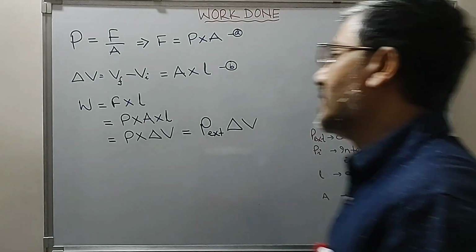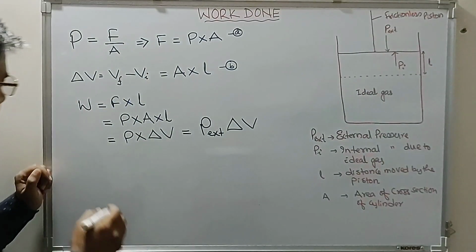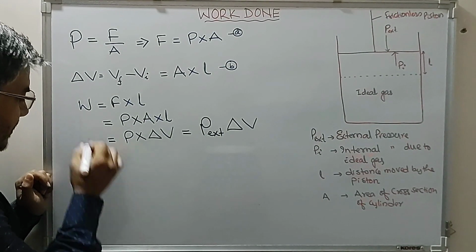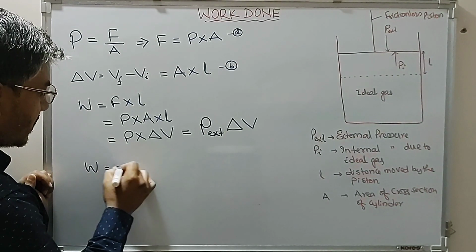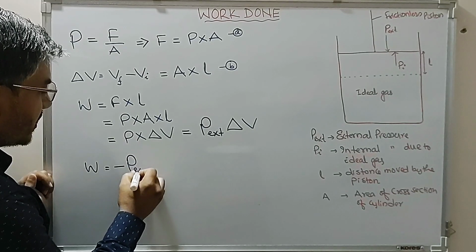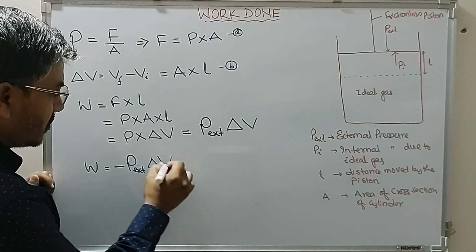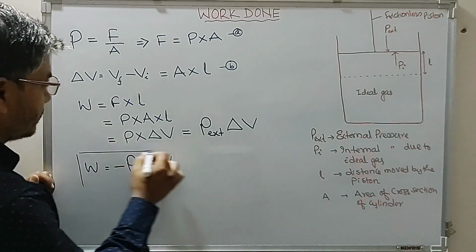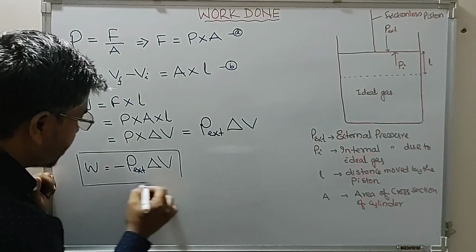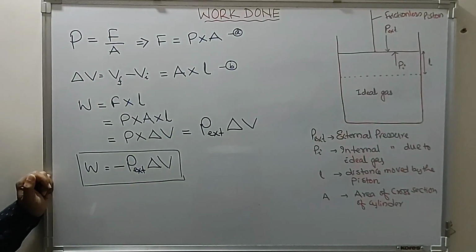So to make the convention of work, the final expression of work done is written as minus P external into change in volume. So this is the final expression of work done involving an ideal gas.